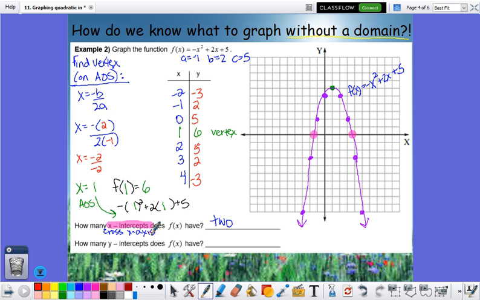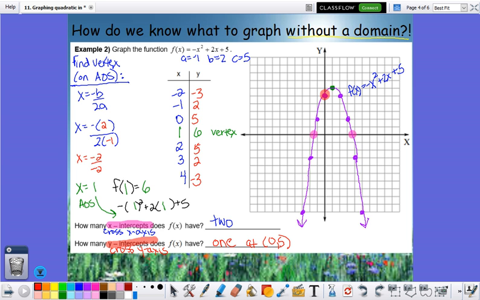But that's okay. So now, how many times does this cross the y-axis? Let's check. We're crossing the y-axis for the y-intercepts. That's only once. And we could see that value. There's only one at 0.5. Okay.